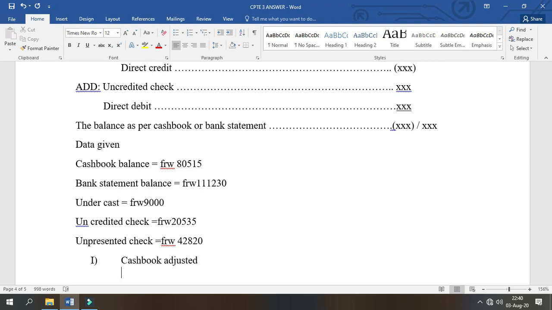We start with the balance as per cash book, which is equal to 8,000 515.